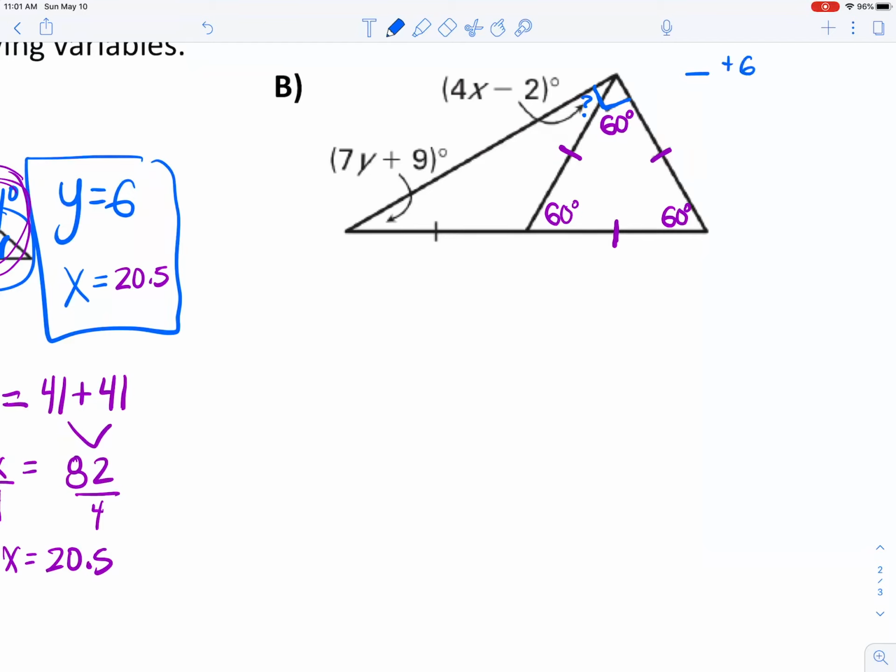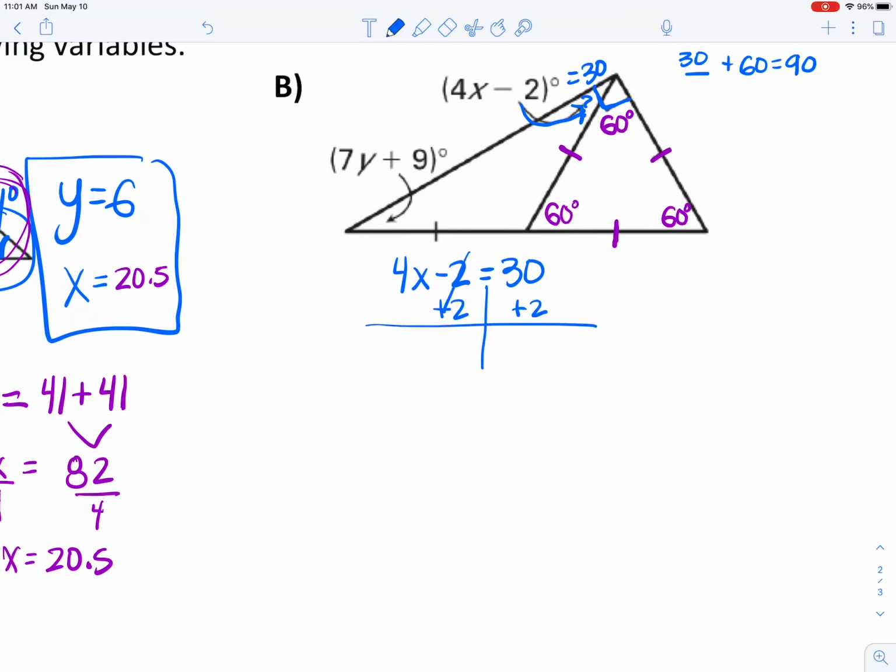Okay, so that means that what plus 60 is 90? Well, that's 30. So that means that this angle is equal to 30 degrees.